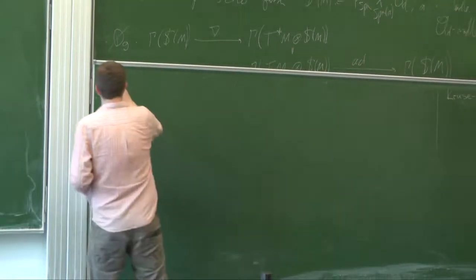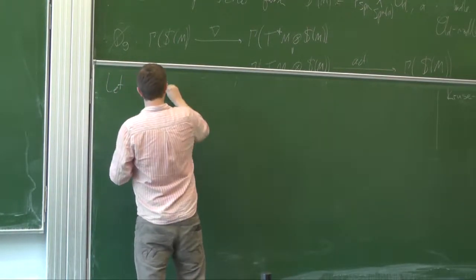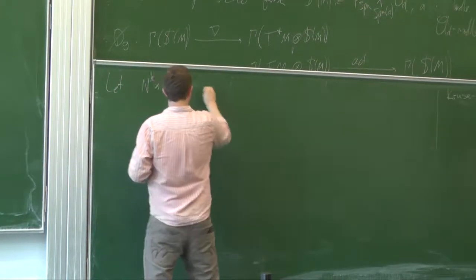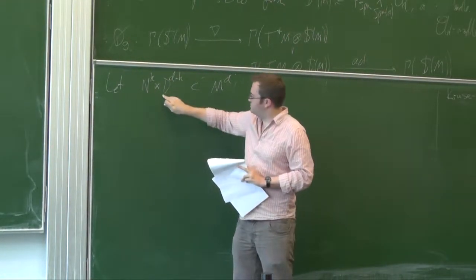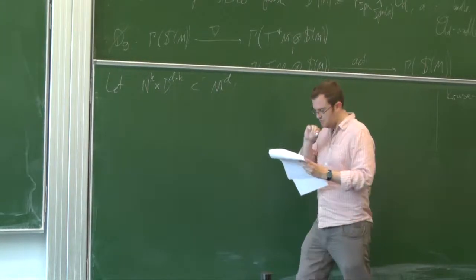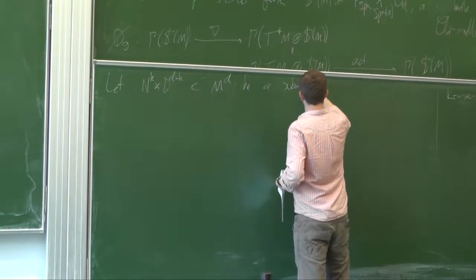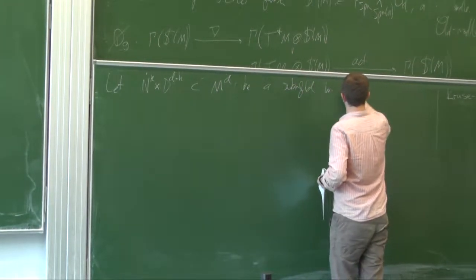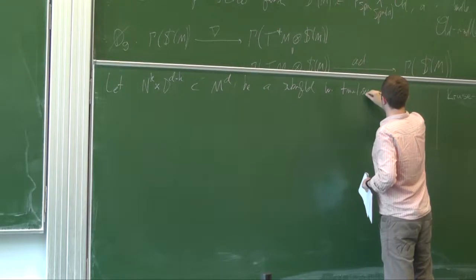So I'm going to set it up like this. So suppose I've got inside my manifold of dimension d, suppose I have a submanifold with trivialized normal bundle.